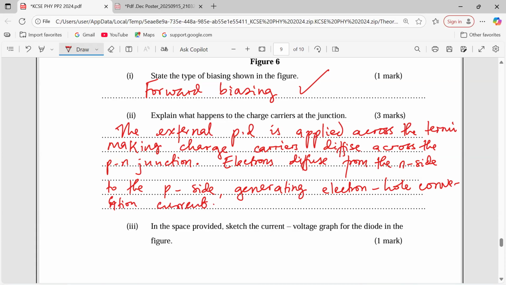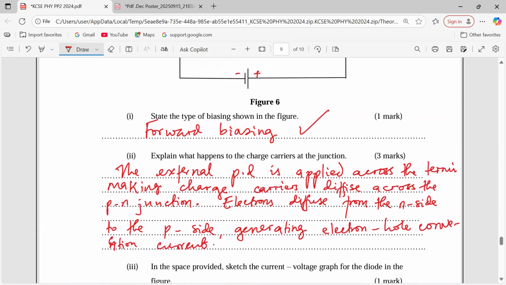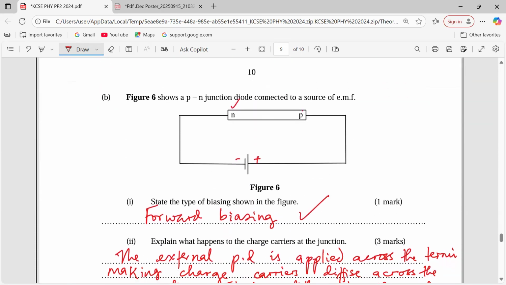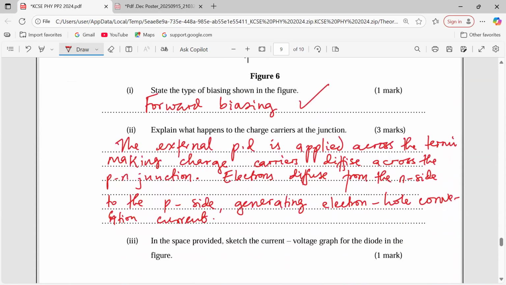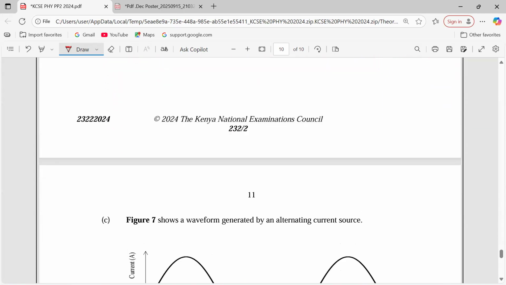So current flows during forward biasing. Remember, during reverse biasing, the junction will widen even more.